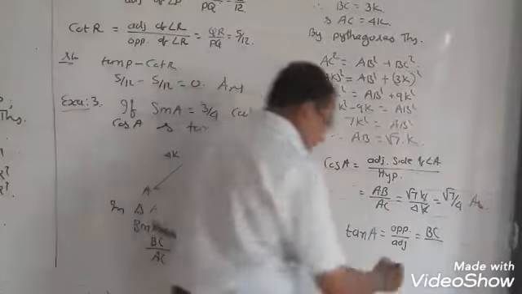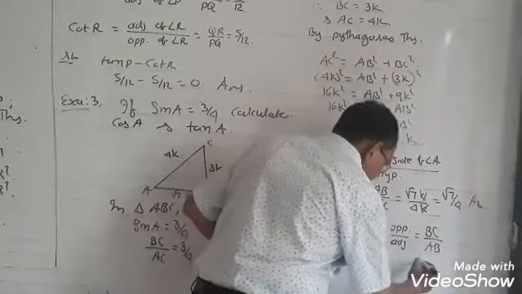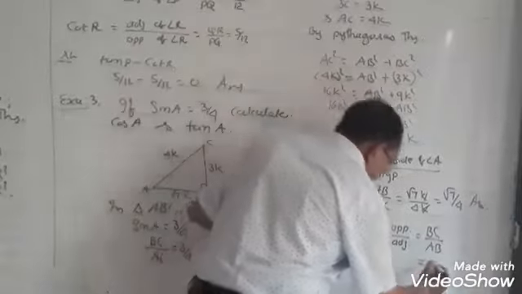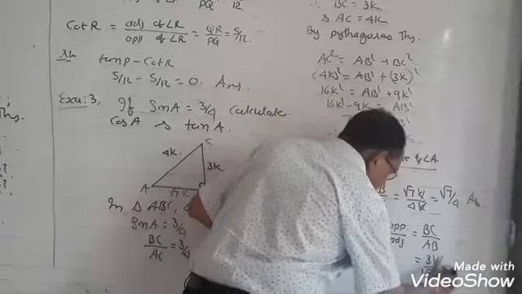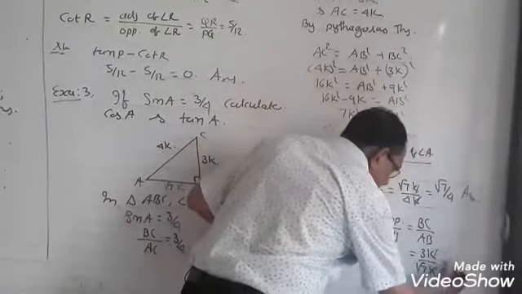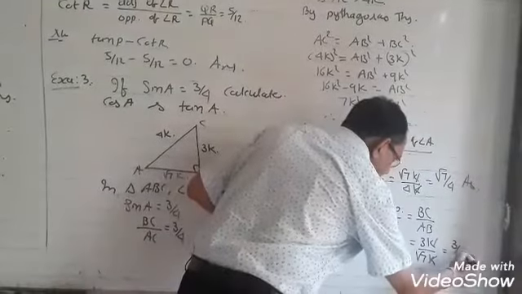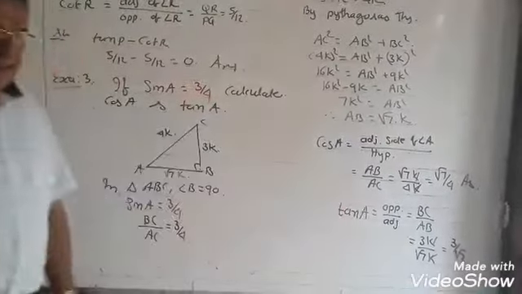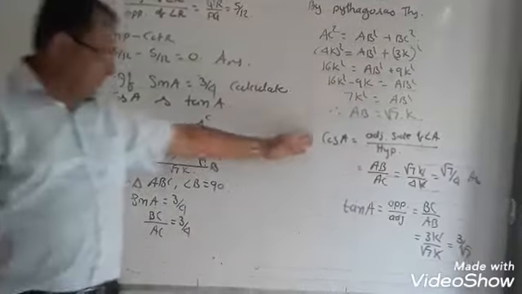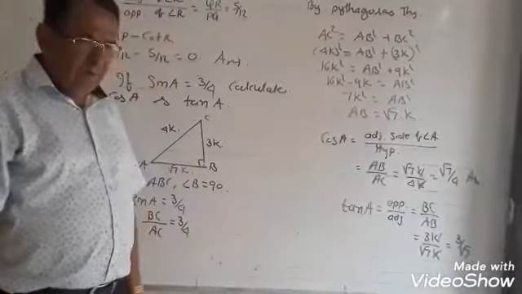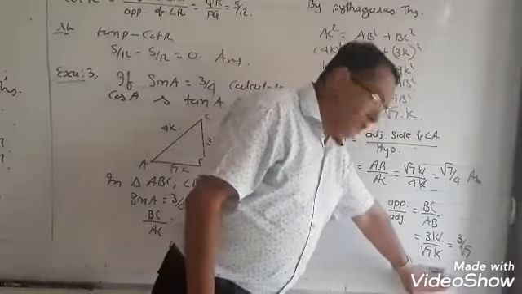AB. BC is equal to 3K. AB is equal to root 7K. K cancels. That means your answer is 3 upon root 7. We have to find the trigonometric ratios cos A and tan A, and we have found them. Okay, that is your result.